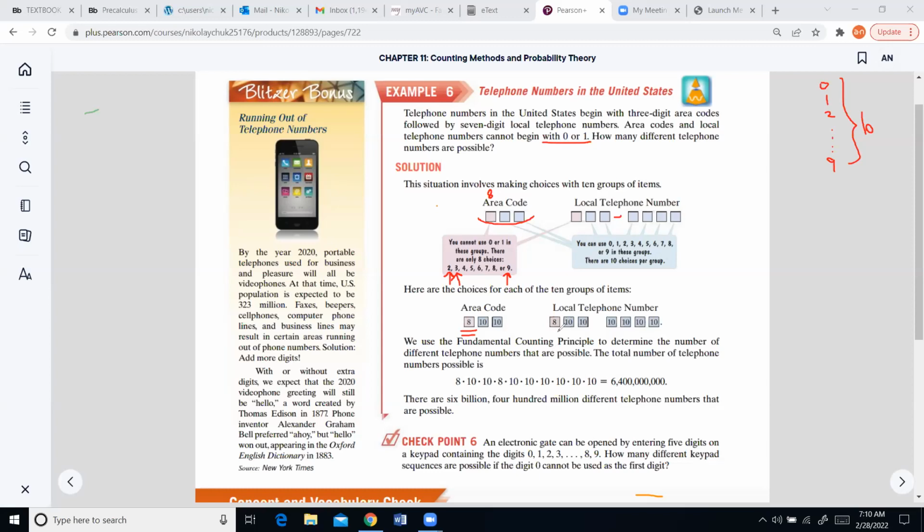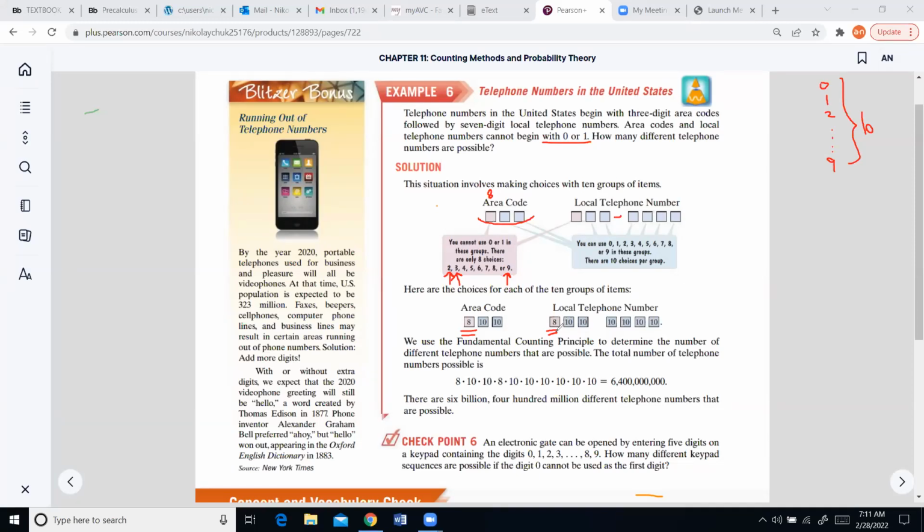It looks like they also have a restriction for the actual phone number, and that seems to be also no 0 and 1 to start the phone number. So phone numbers cannot start with a 0 or with a 1. They can only start with 2 or with 3 or etc. until 9.